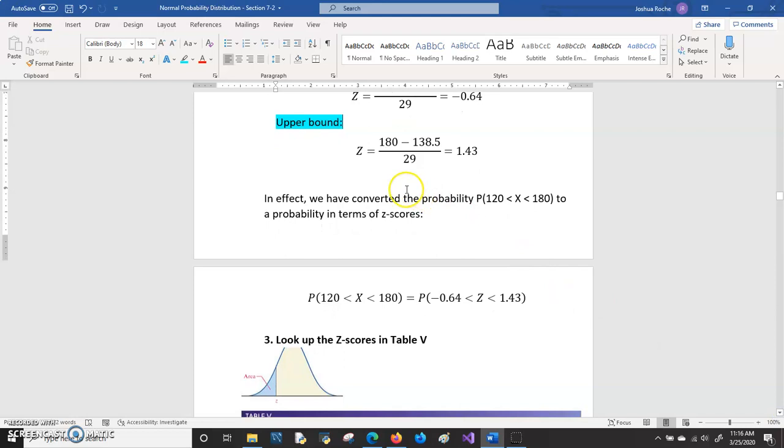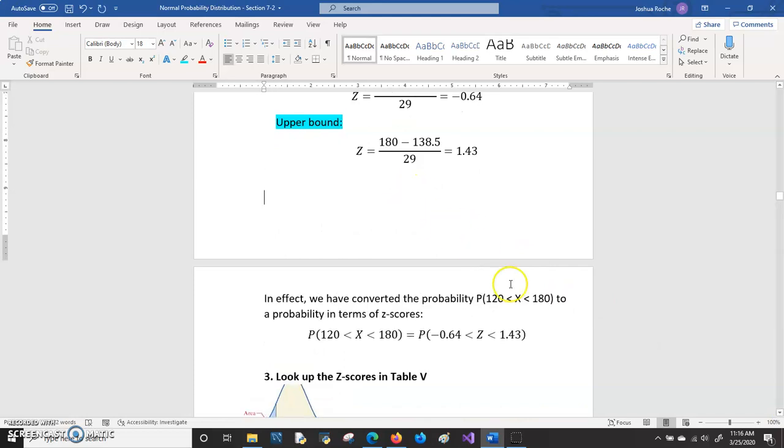And like before, this is just converting our probability so that it's no longer in terms of x, but now it's just in terms of z-scores. We're trying to find the probability that z is between negative 0.64 and 1.43.